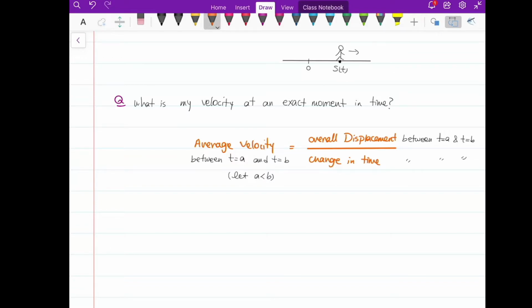Okay, so I can say that I need to find a fraction. On top, it would be s of b, my position at the time b, minus my position at the time a. Okay, that gives me the overall displacement over b minus a. And pay attention that a and b are basically two distinct moments in time.